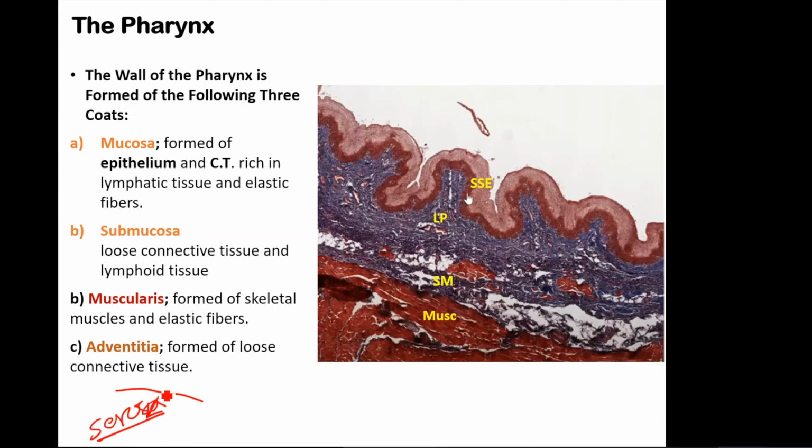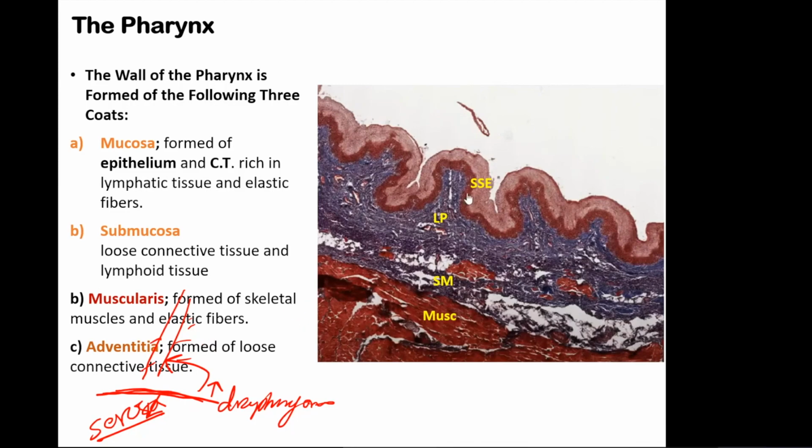But above the diaphragm, there is no peritoneum. So there's no serosa, but we have loose connective tissue, known as adventitia, that connects, for example, the esophagus to the surrounding structures.